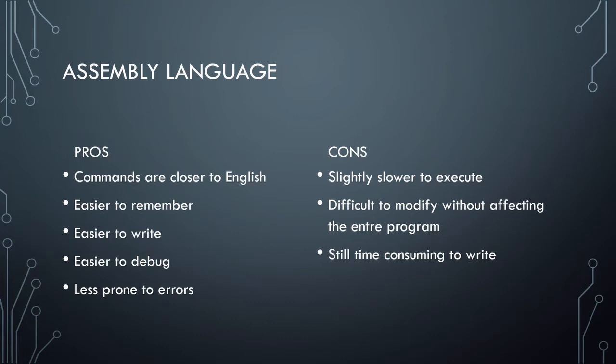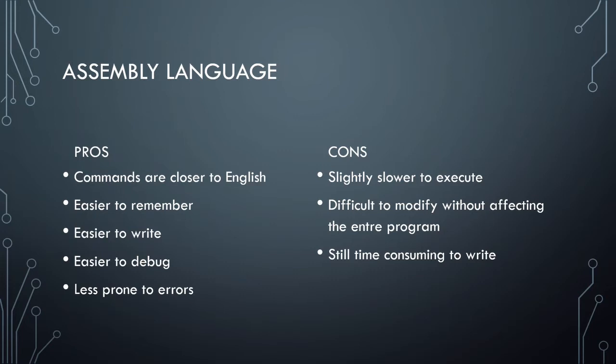Assembly language is also easier to remember because those commands are closer to the English language. That makes them easier to write, and easier to separate out those commands for the debugging process. And in turn, this is a chain of events, because it's easier to find the errors. You're also going to be less prone to errors because it's easier to keep things separate, and it's easier to find errors when they do occur.